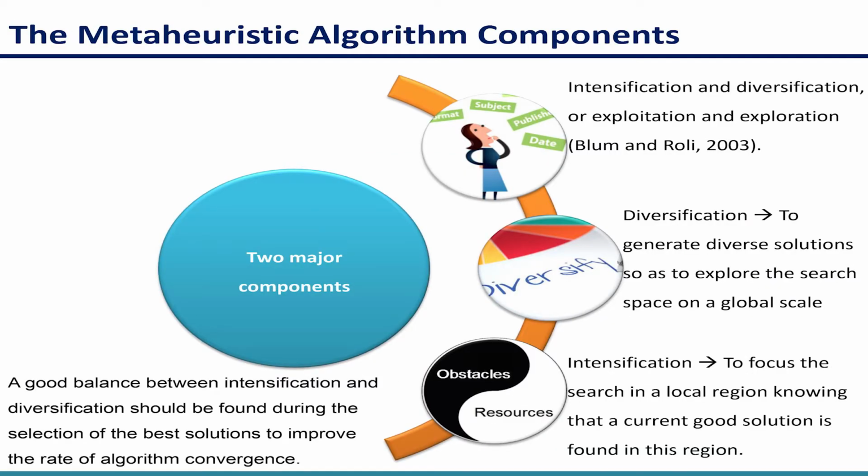Metaheuristics have two major components: intensification and diversification, or we can call them exploitation and exploration. Diversification generates diverse solutions so as to explore the search space on the global scale. Intensification focuses the search in a local region, knowing that a current good solution has been found in this particular region.